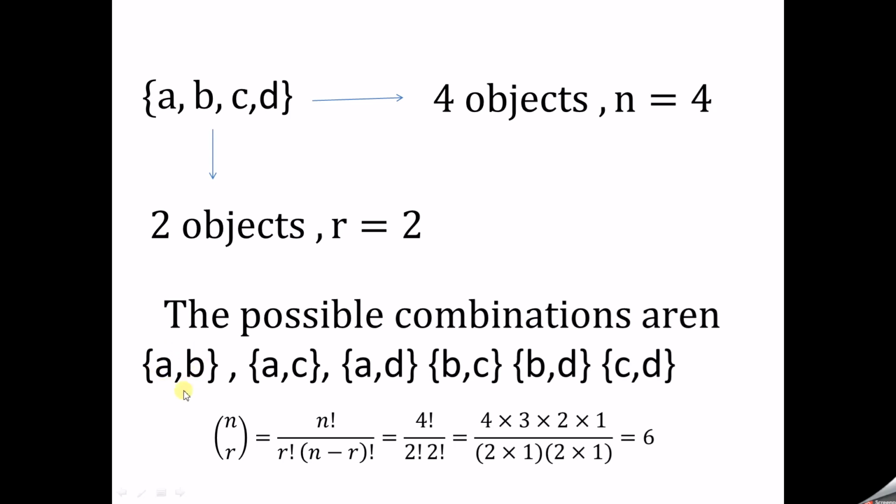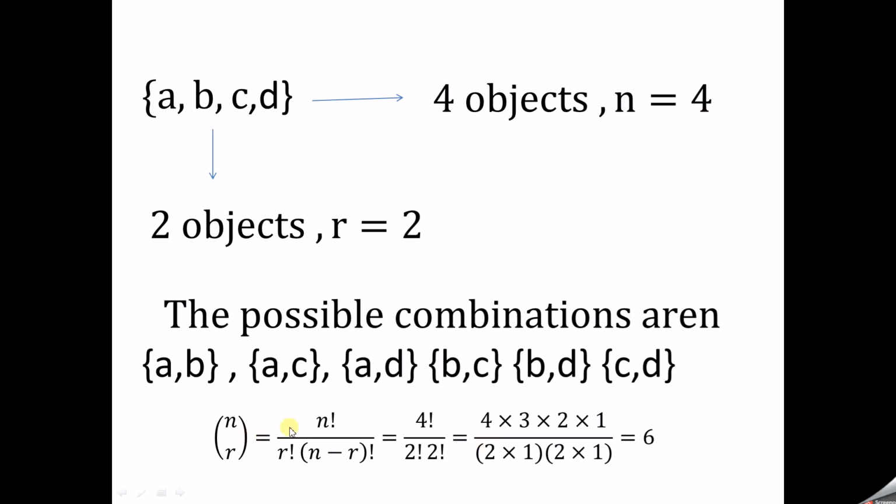So AB as a whole, we take one consideration, one collection. And AC, the order of A and C is not important. Two objects, A and C, or C and A, both are the same. Like that, there are 6 combinations when we are selecting two objects from a set of 4 objects.